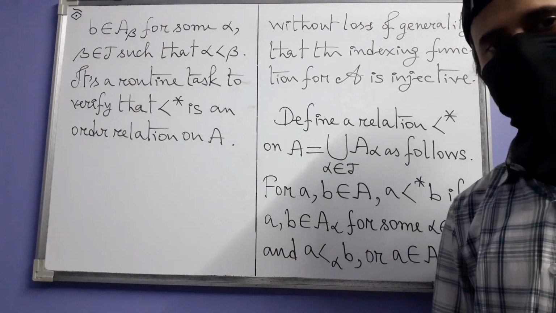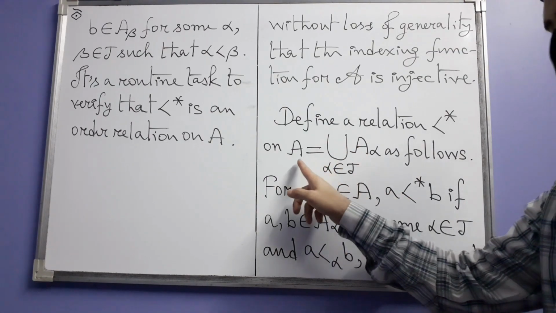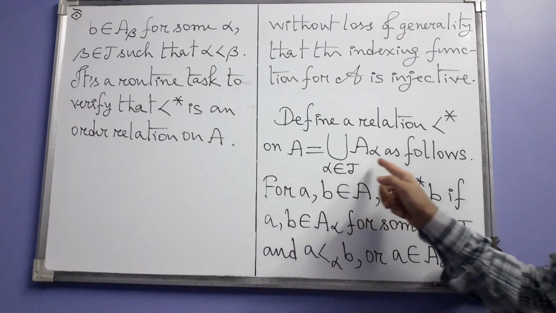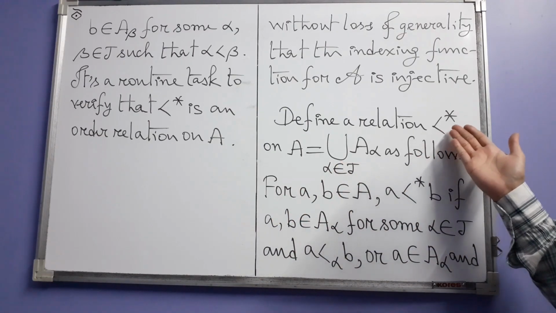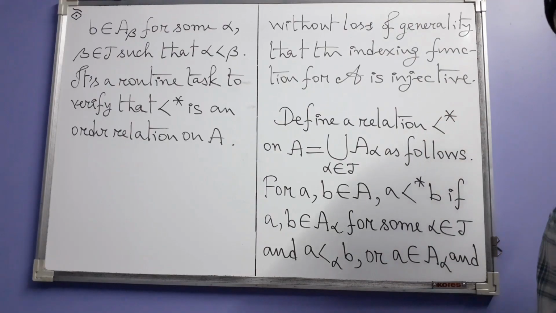So the definition of the new relation on the union of these sets, let's call the union A, is this, and we are denoting the new relation like this, less than star.